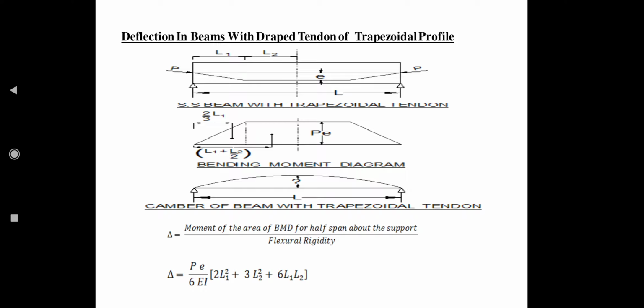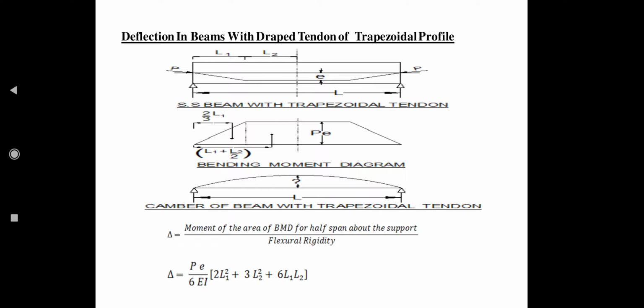To calculate the deflection of this member, which has a trapezoidal cable profile, the deflection is given by the same formula: moment of area of the BMD for half span about the support divided by flexural rigidity. That is, delta is equal to PE by EI into 2L1 square plus 3L2 square plus 6L1L2.